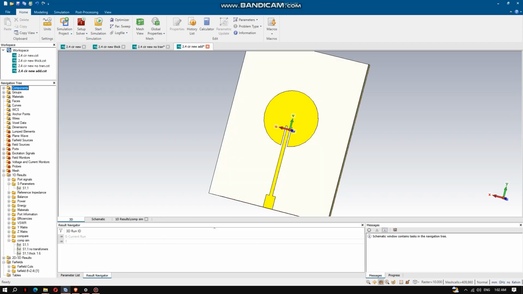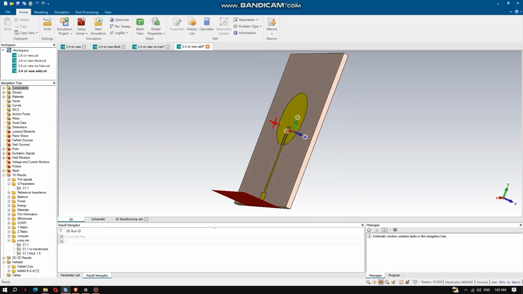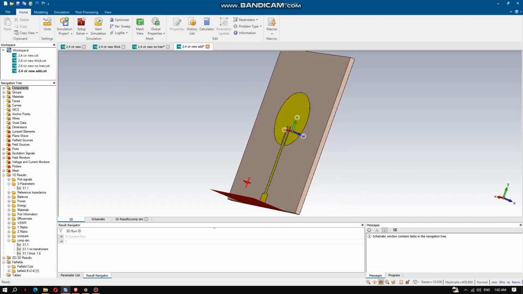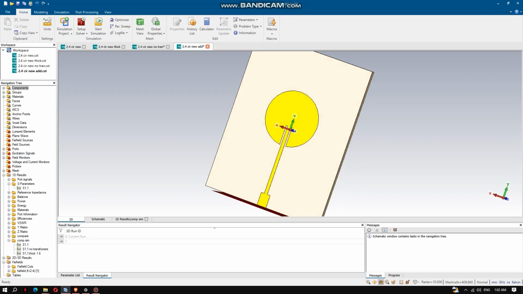For the third scenario, same as the second scenario with a 3.2 mm substrate thickness of the dielectric layer, but we put a transformer in the feed line.